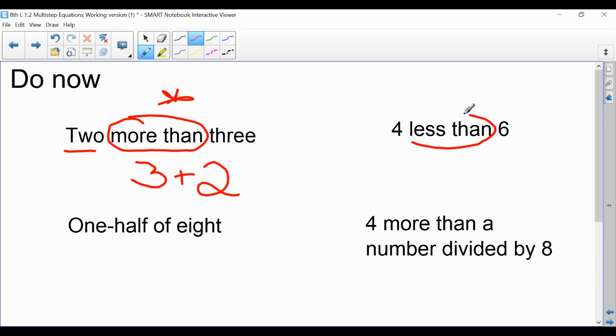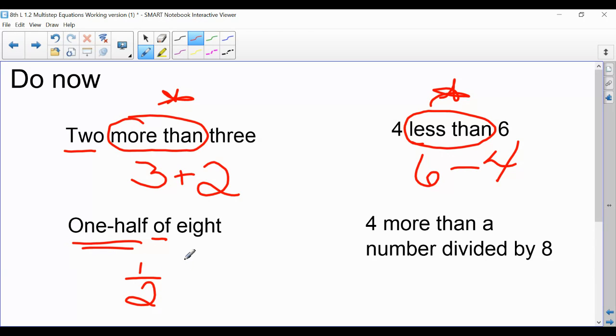Less than was like the partner to that, the other star, but subtraction, so that means the 4 goes at the end. 4 less than 6. 1/2 of 8, there's that of, right? A fraction. 1/2 of means multiplication.